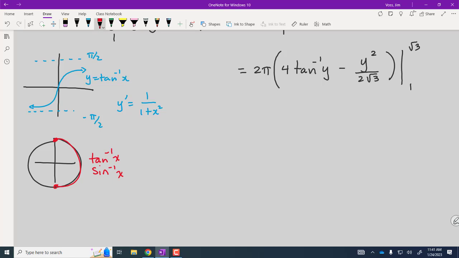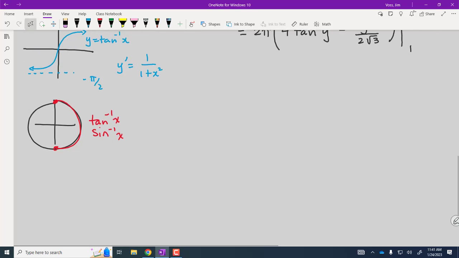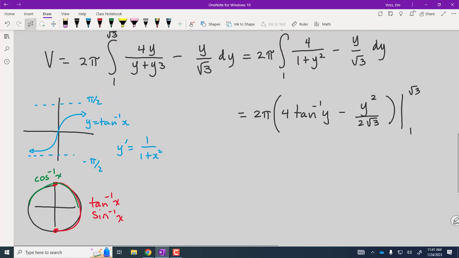Inverse tangent can't actually be pi over 2 or minus pi over 2. Don't worry about it right this second. So inverse cosine is on top, inverse tan and inverse sine are on the right.